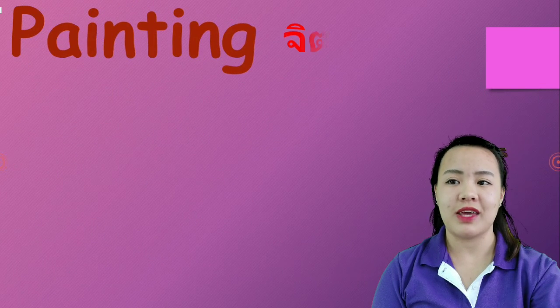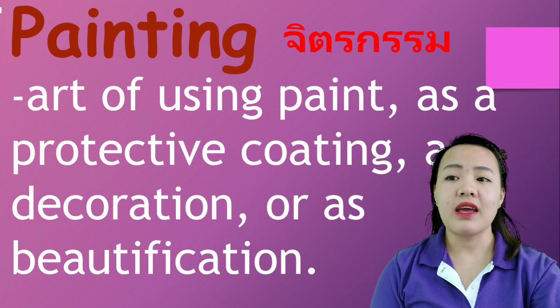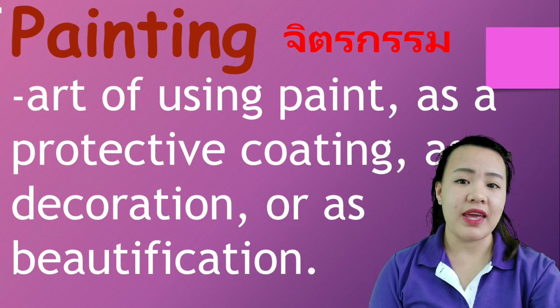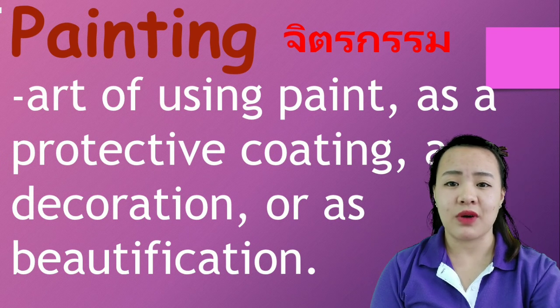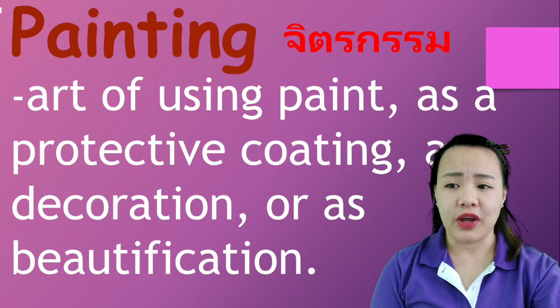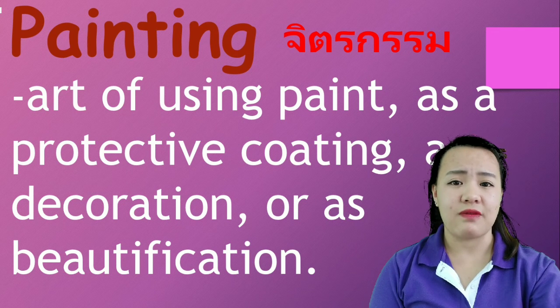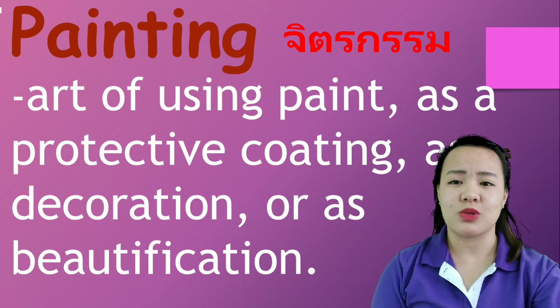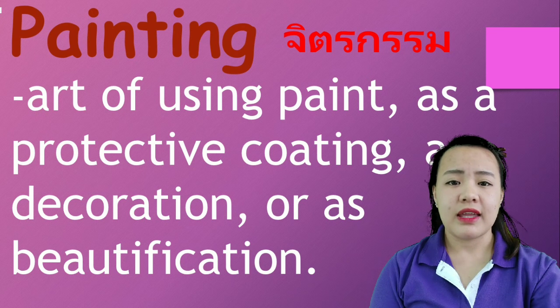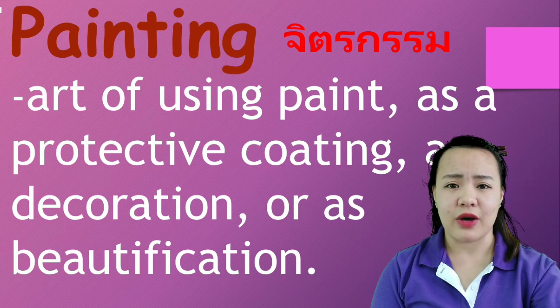Okay, so what is painting? Painting is an art of using paint as a protective coating, as decoration, or as beautification. Painting, we see this one everywhere. You can see this one inside a house.